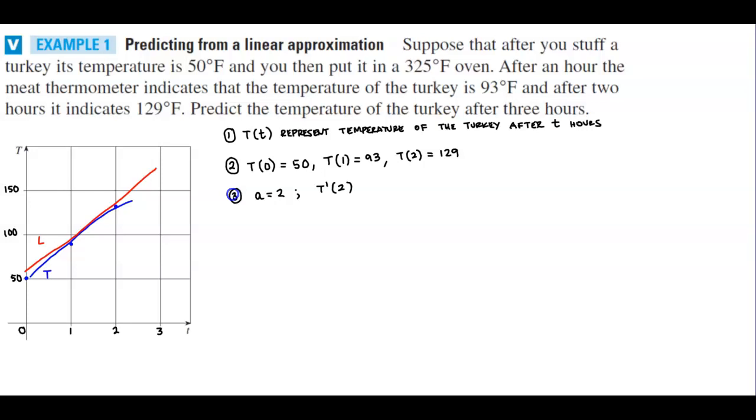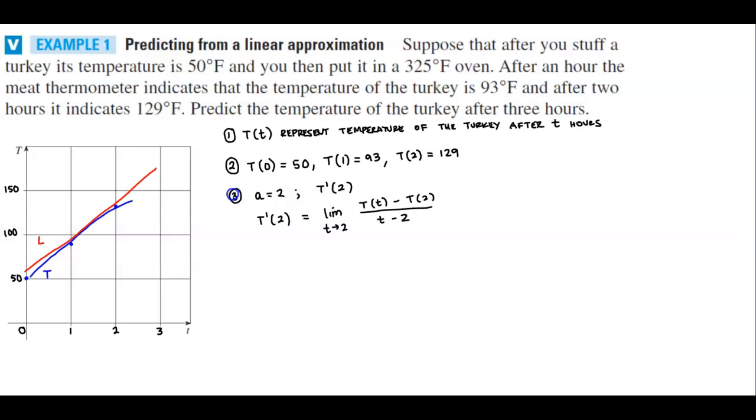And so keep in mind that when we estimate, that means that we're finding T prime of 2 to be equal to the limit as time t approaches 2 of T of t minus T of 2 divided by t minus 2.